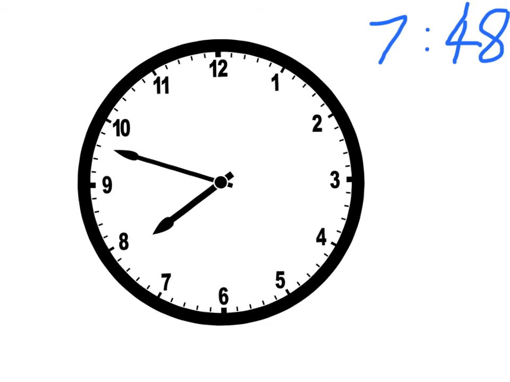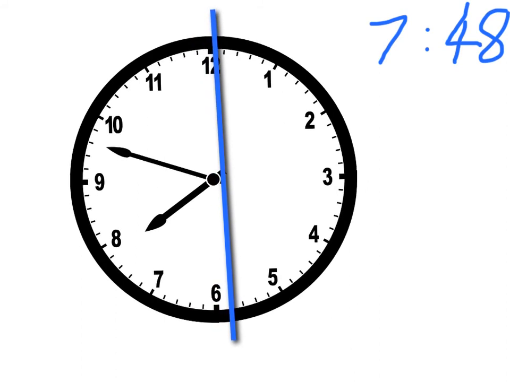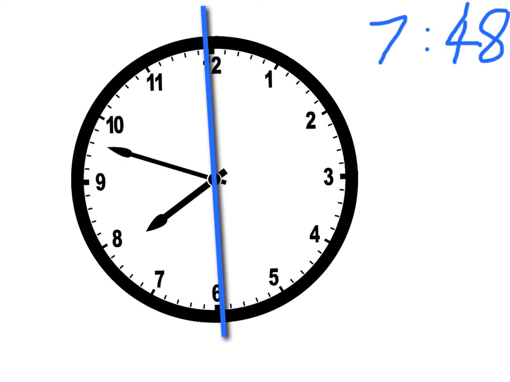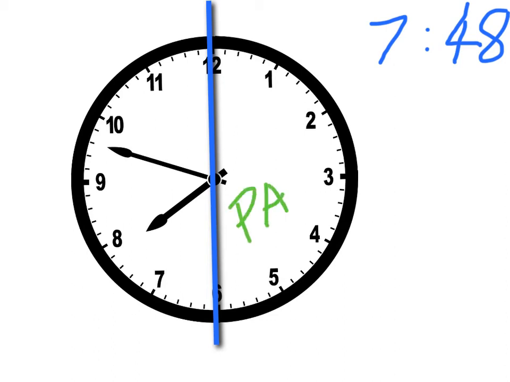Again, we remember that we've got to imagine there is a line going down the middle of our clock, just like that. Oh, it's not quite straight, but it's pretty close. There we go. And on this right-hand side, what is the right-hand side? It is the past side. And on the left-hand side, it is the to side.